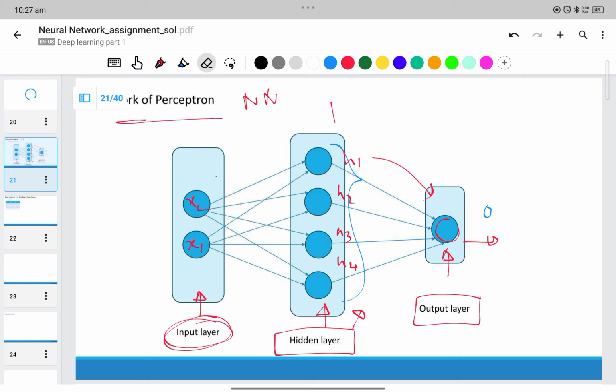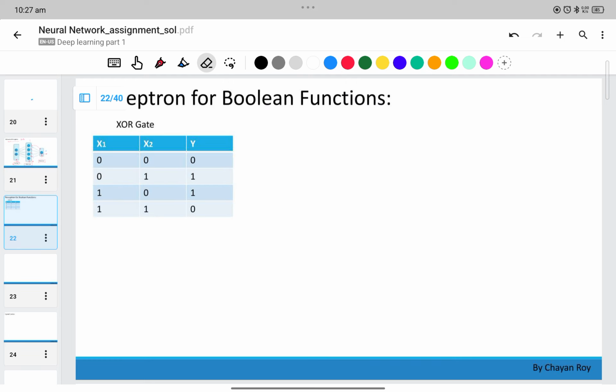Let's try to solve this XOR gate now. So what was the problem? The problem was that the equations contradicted each other. We had positive here, negative here, positive here and here. So we had 4 equations, but they contradicted each other.